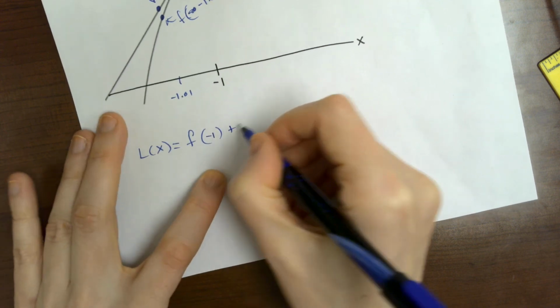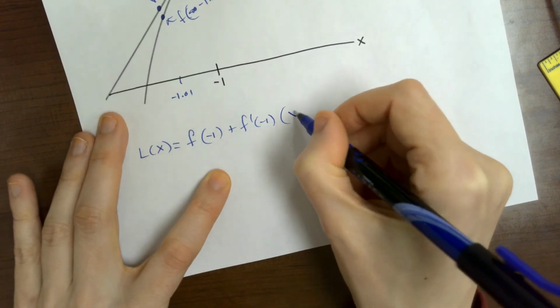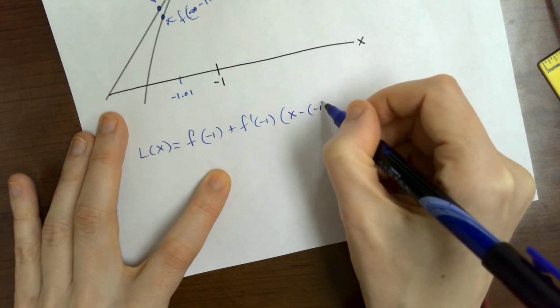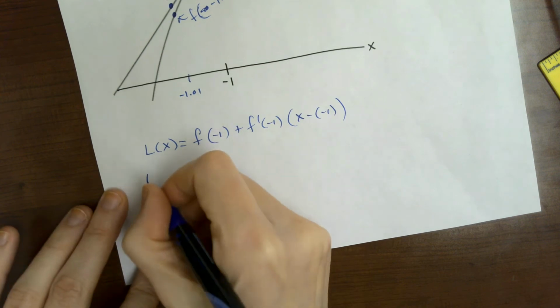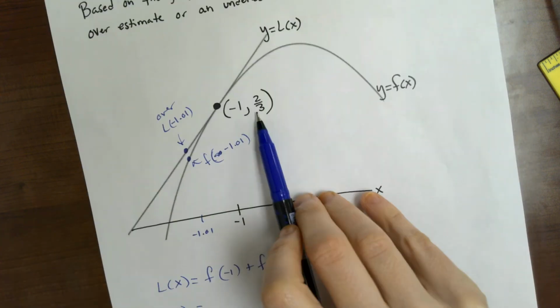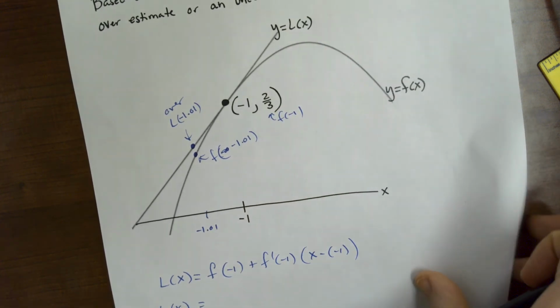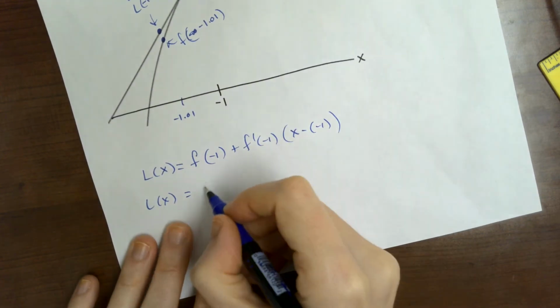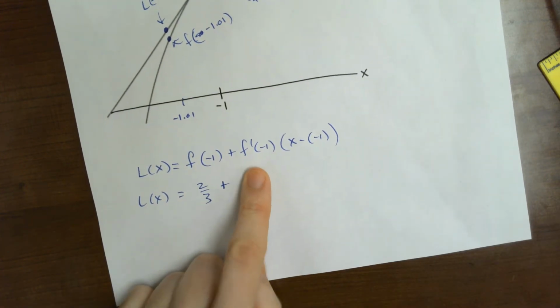Negative 1 plus f prime of negative 1 times x minus negative 1, so that's going to be a plus. Okay, so L of x equals f of negative 1, which is whatever y value goes with it, so that's 2/3 plus f prime of negative 1.